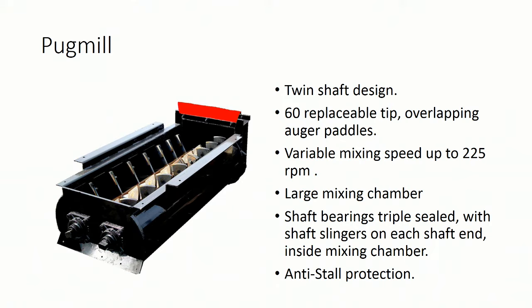The computer watches that for you, and it'll shut off the material feed and let the stall clear out of the pug mill before it ever reaches its maximum pressure. That's just what we're able to do with the control system now to take the operating load off an operator. And we found that's one of the key things to helping new people get used to machines, that we make it a lot easier for them.